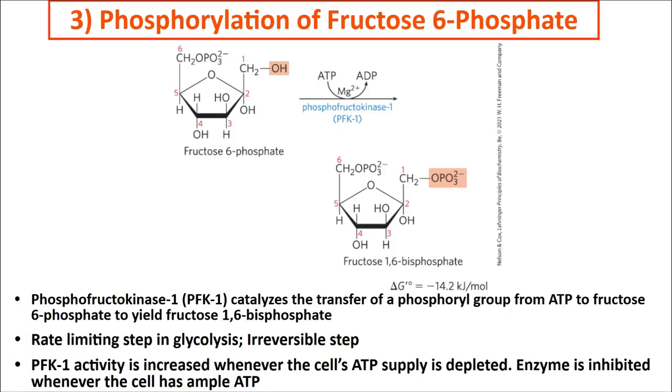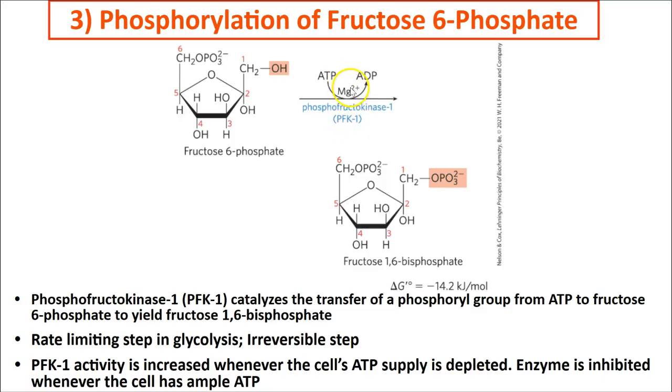And now going to the third stage, where we have phosphorylation of fructose 6-phosphate. Once again, we have this hydroxyl group. It's the same type of mechanism, but we have a different enzyme. Now we have phosphofructokinase, which is short for PFK1.